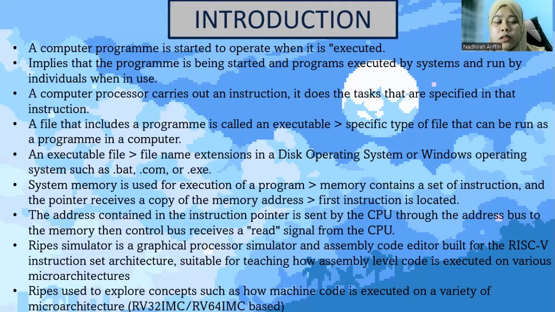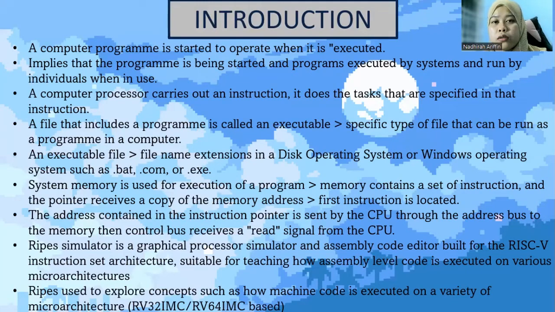Then the system memory is used for execution of a program, and its memory contains a set of instructions, and the instruction pointer receives a copy of the memory address where the first instruction is located. The address contained in the instruction pointer is sent by the CPU through the address bus to the memory. Then the control bus receives a read signal from the CPU.